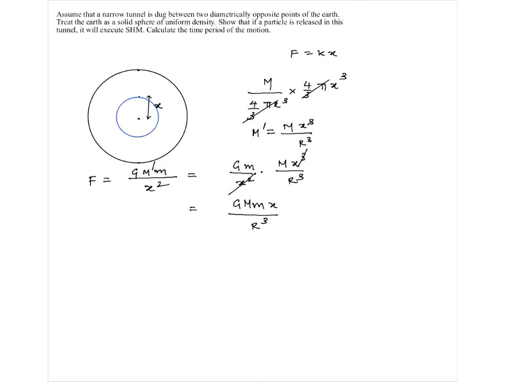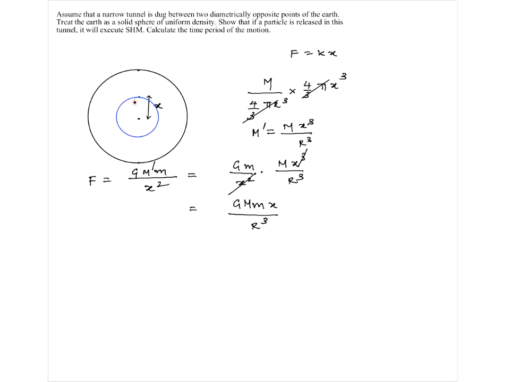What would be the direction of this force? Direction will be towards the center of the Earth. Center is the mean position. So if the particle is x distance away from the center, force is towards the center. That means the two are in opposite direction.